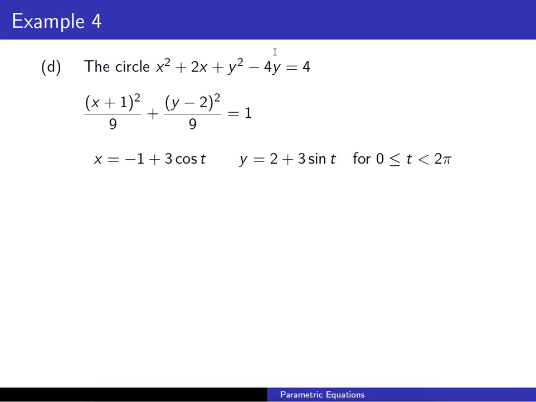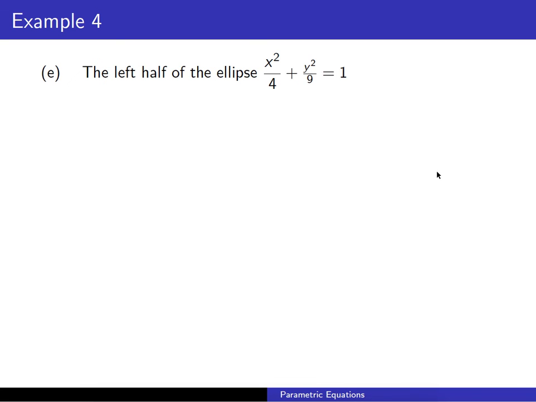So with x, it's h plus a times cosine t, so h is negative 1 plus 3 cosine t. y is going to be k plus b sine t, so 2 plus 3 sine t, for values of t between 0 and 2 pi.